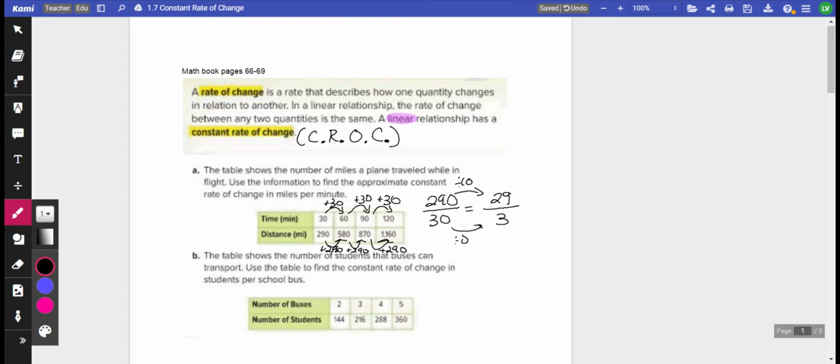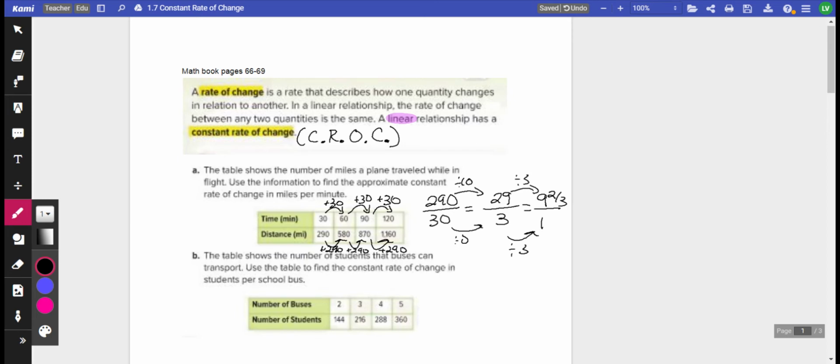Well, a constant rate of change needs to have a denominator of 1. So to get from 3 to 1, I divide by 3. Because I divided the denominator by 3, I do the same thing to the numerator. So 29 divided by 3 gives me 9 and 2/3.